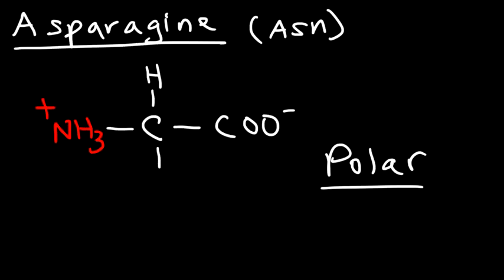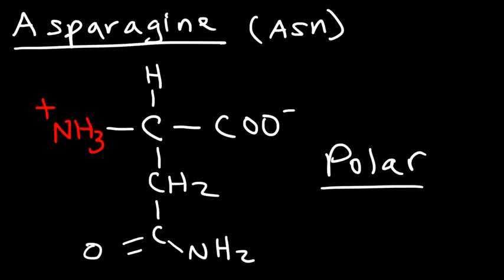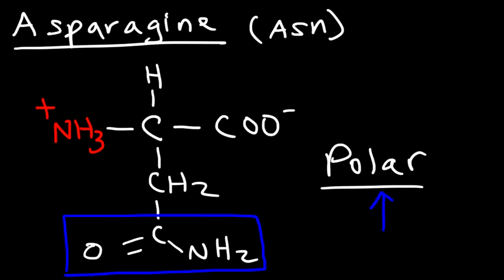So the R group for asparagine has a CH2 group, and then it contains an amide functional group. Now as you can see, the amide functional group has hydrogen bonds, like a hydroxyl group. And so that causes the side chain to be polar. And so this is why it's considered to be a polar amino acid. So if you see an amino acid with an amide functional group, know that it's a polar amino acid. And so that's asparagine.